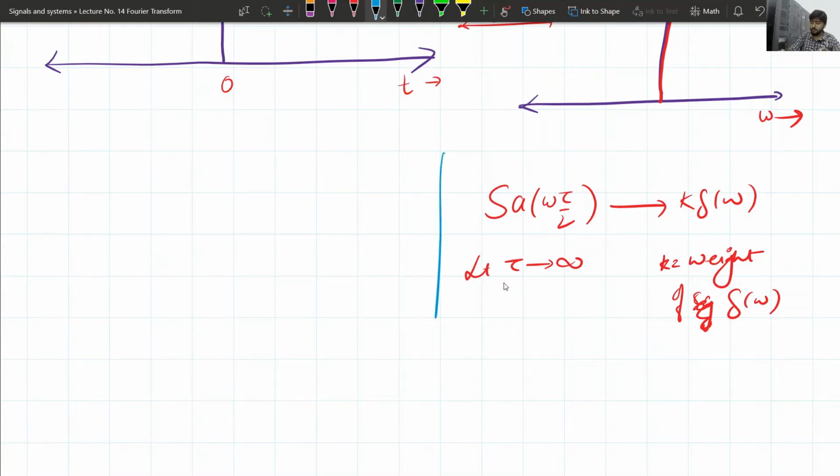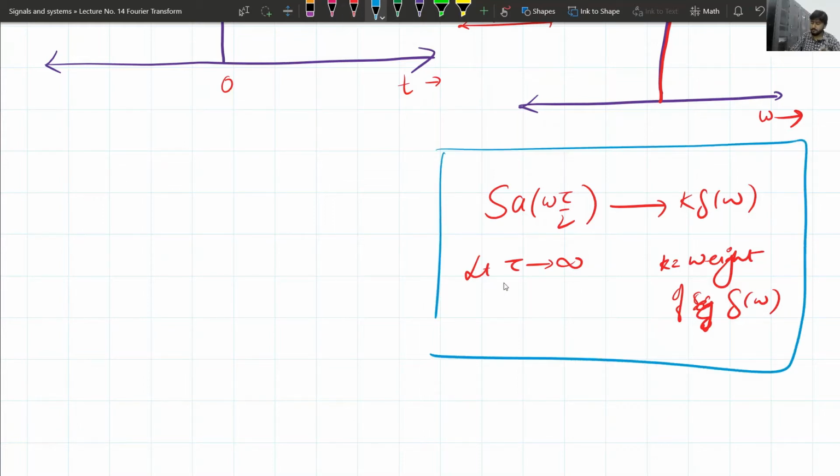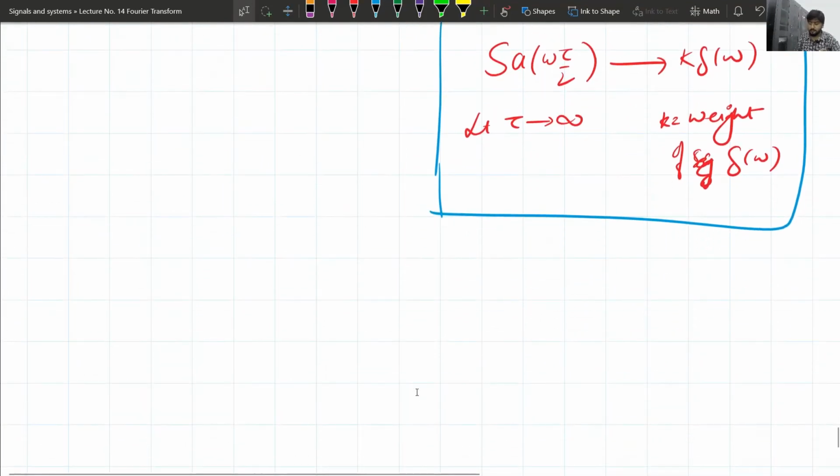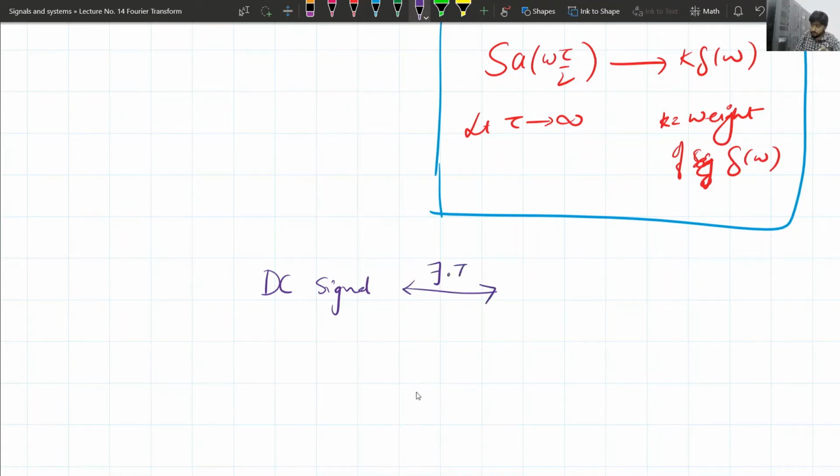Very important conclusion. Finally we can say that a DC signal has a Fourier transform which is a delta function.